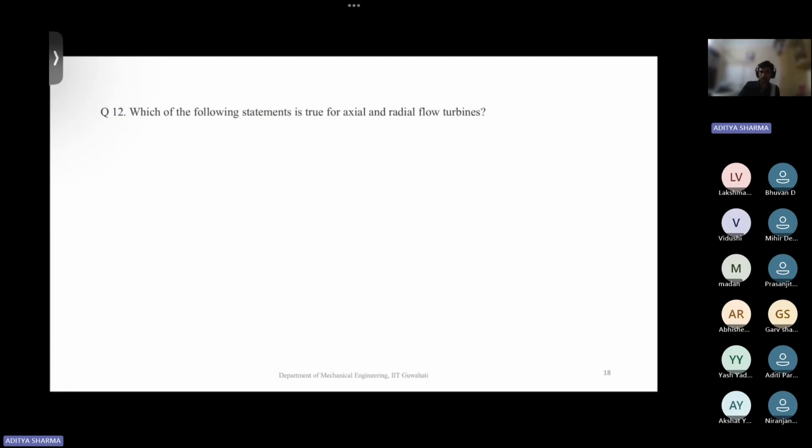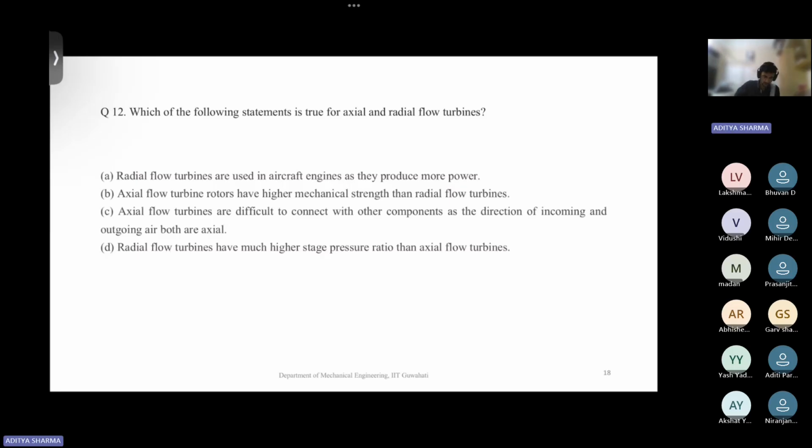Then the last question of today's session. Which of the following statements is true for axial and radial flow turbines? Radial flow turbines. Let's read the four options.